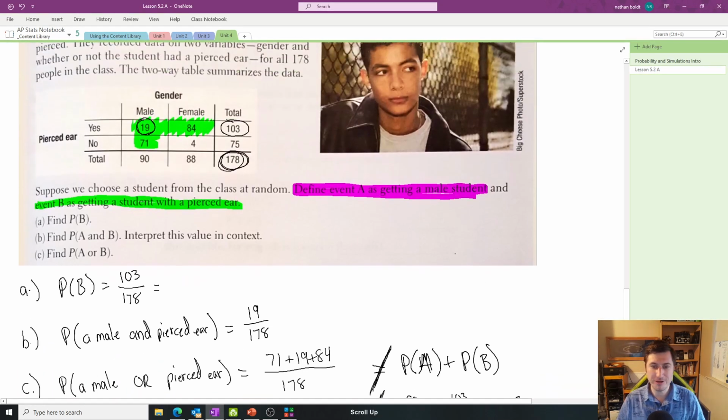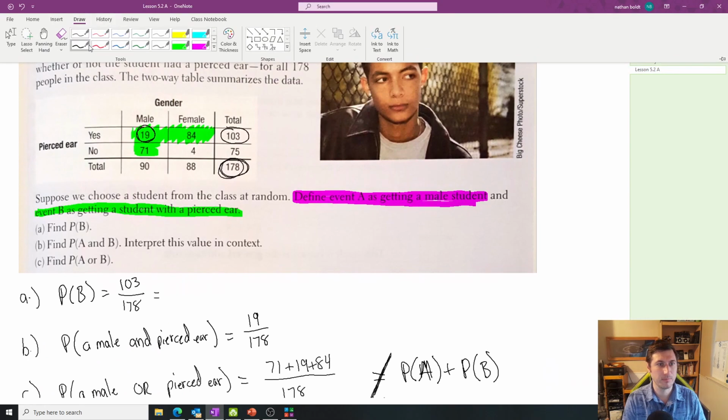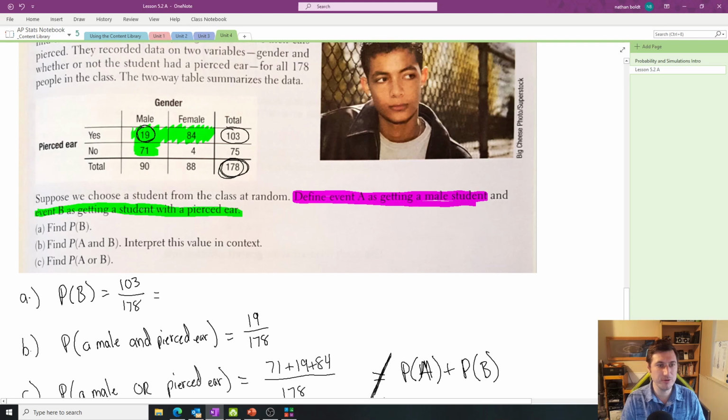Because if I do 90 plus 103, that's 90, these people, and 103, these people. Do you see which number I'm double counting when I do that? I'm double counting the 19.